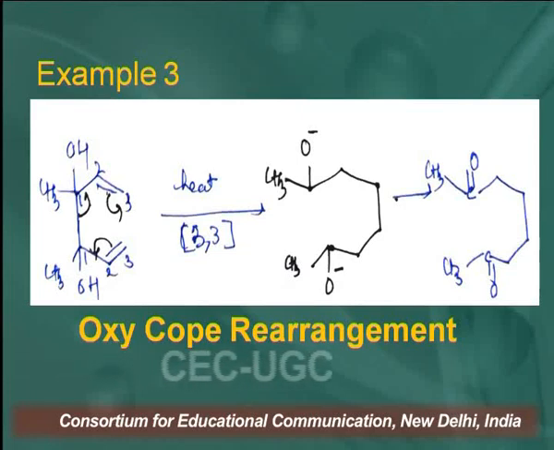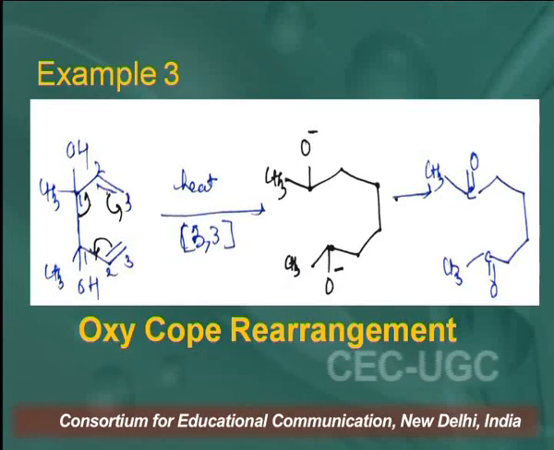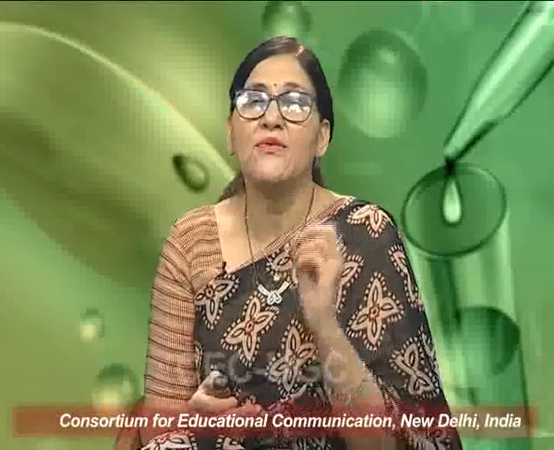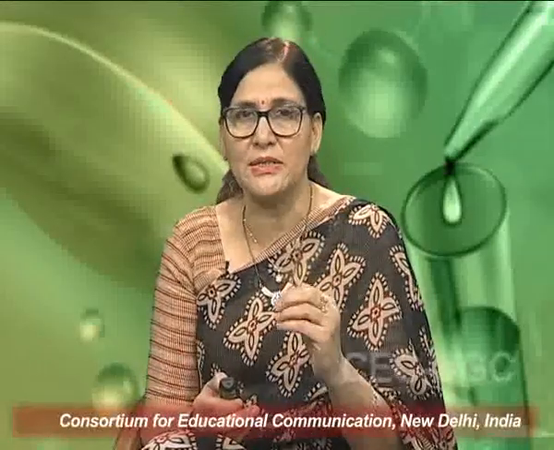Always remember, in Oxy-Cope the allylic carbon has a hydroxyl group, but here that allylic carbon also has a substituent, which is R or a CH3 group. Migration of 3,3 groups takes place and we get a very stable product.